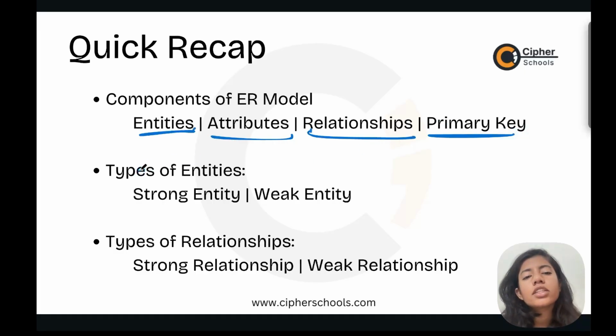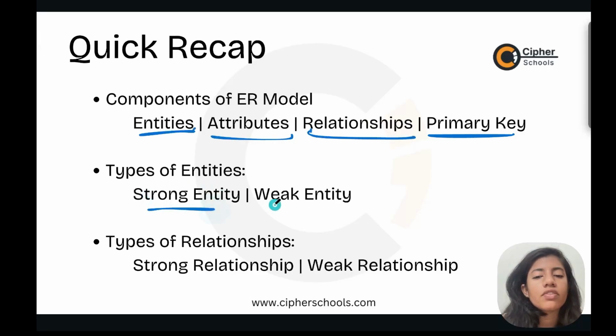We also discussed how to represent them in an ER model, how to draw them. Then we discussed about types of entities like the strong entity, weak entity. Remember we discussed it with an example of loan and payment. Like in the case of loan and payment, every loan has some payment associated with it.